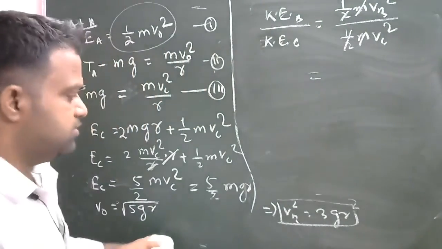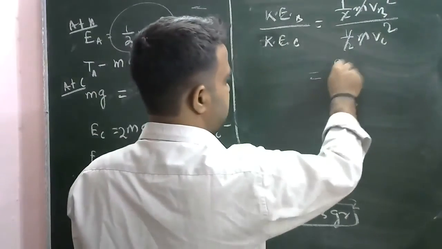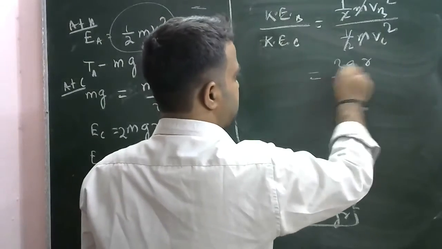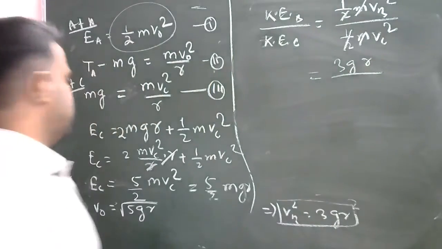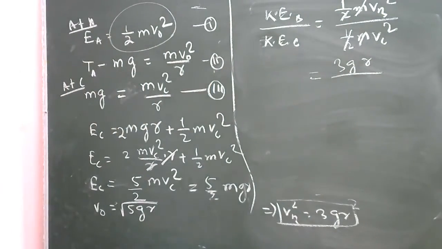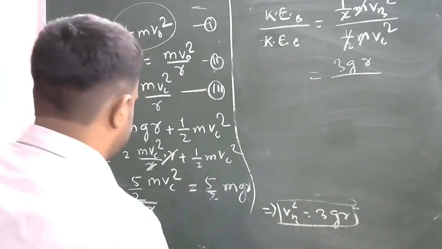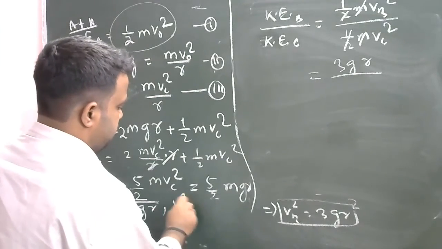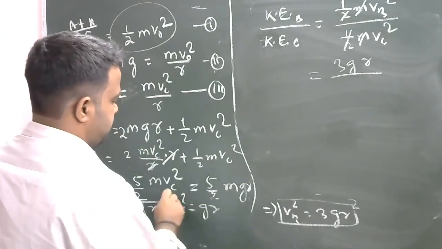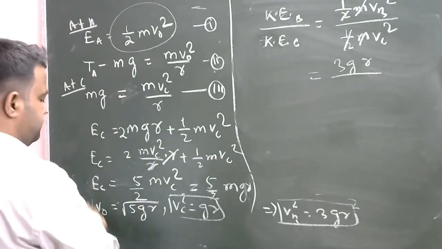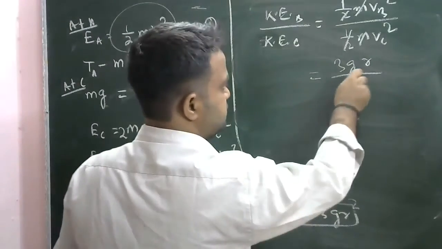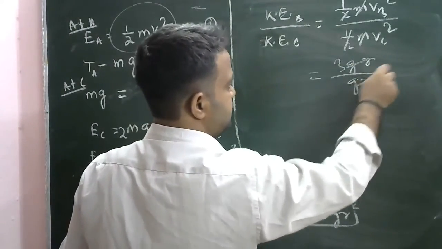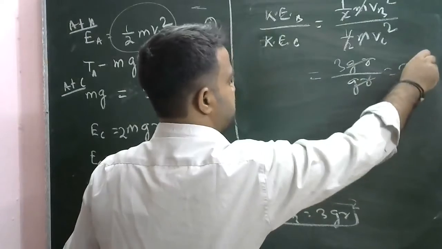What is VB? VB square we got 3GR. VC square I have erased, but VC square we had calculated as GR. So we'll put GR, cancel. This is 3:1.